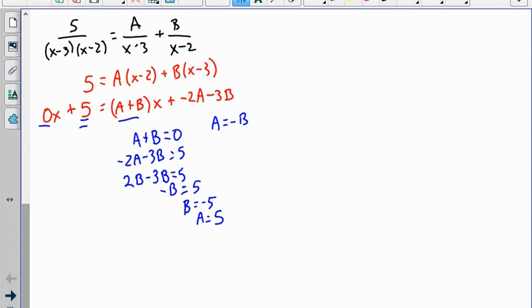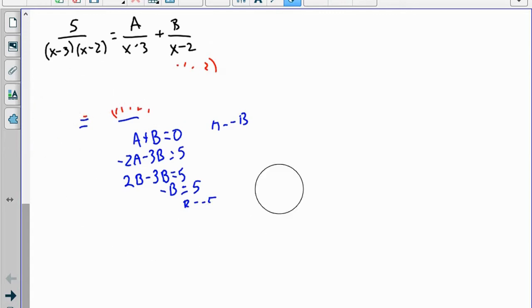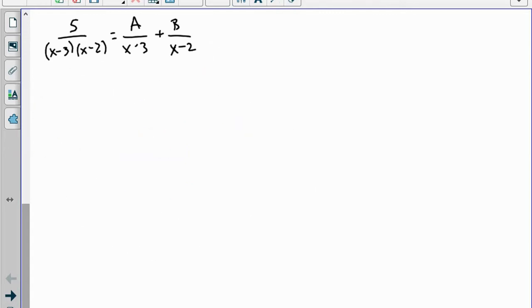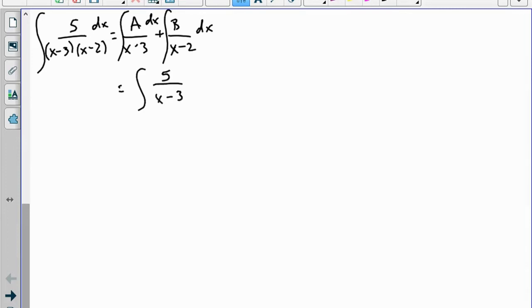So now that I have that, I can rewrite all of this as this integral. So I have the integral of dx, and A was 5, so I have 5 over x minus 3, and then I have negative 5 over x minus 2.